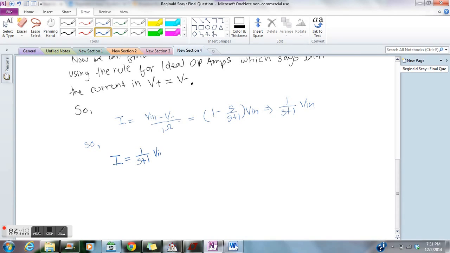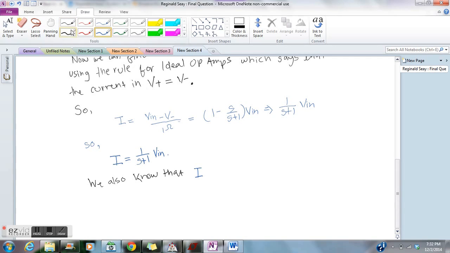Okay, so now we have what V plus is equal to, and we also have what I is equal to. We found V plus by doing voltage division, and we found I by doing a background analysis of the circuit, knowing that it's an ideal op amp.